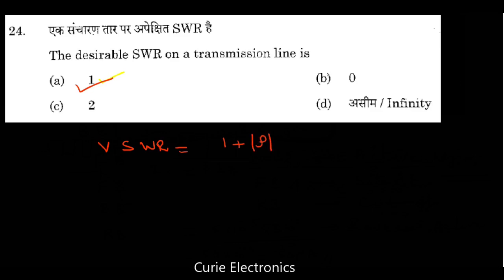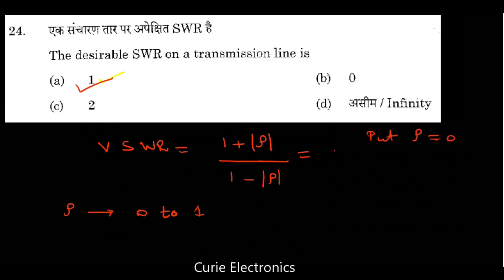The reflection coefficient varies from 0 to 1. If we put the reflection coefficient equal to 0, then we get 1 upon 1, which equals 1.